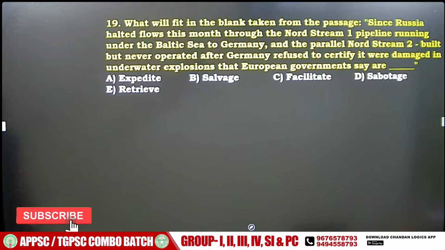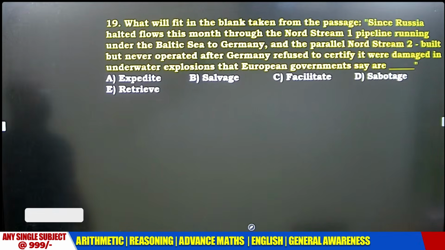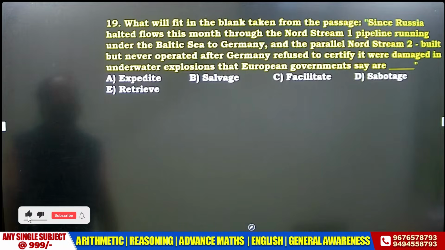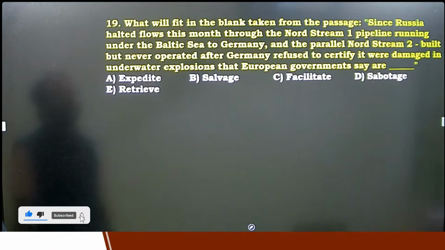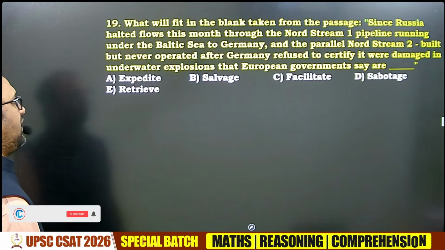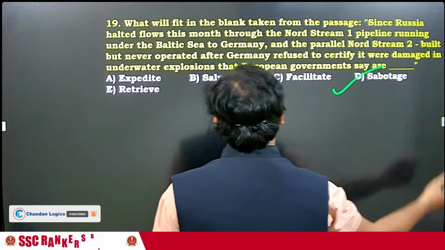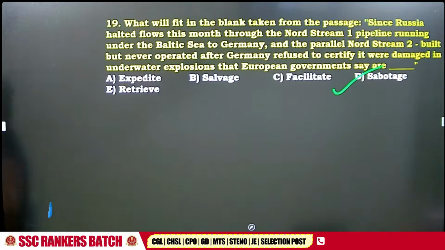Read the sentence. Since Russia halted flows this month through the Nord Stream, and built never operated after Germany refused to certify it, for damage in the underwater explosions that European governments say are sabotage. I think everybody knows the meaning of the word sabotage.